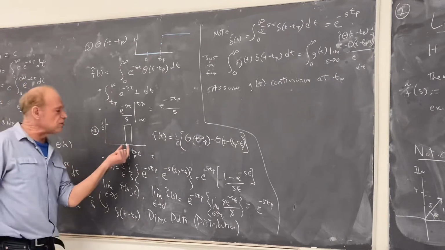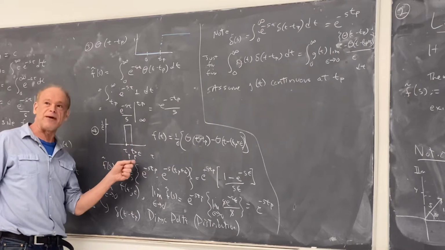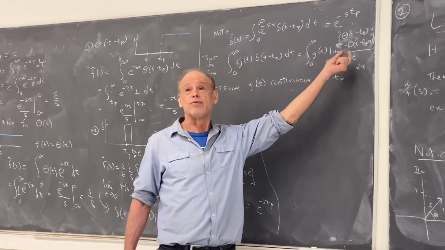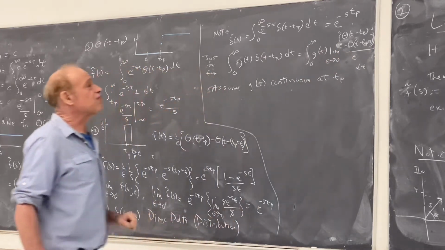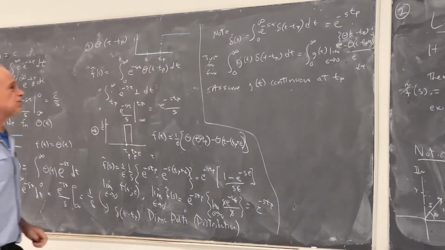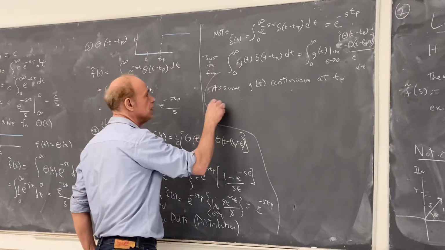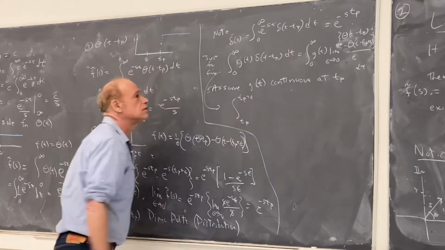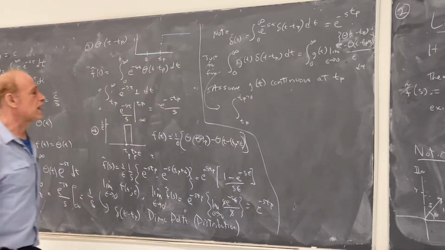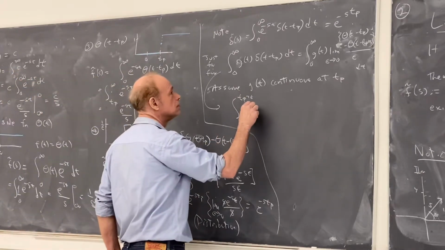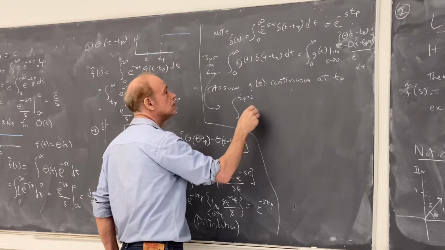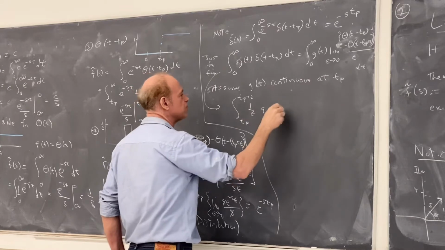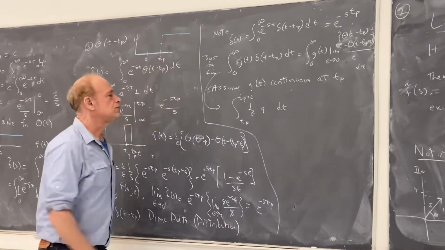So I'm only considering the value of the function between tp and tp plus epsilon, because that's the only place where this thing is non-zero. So this quantity is the integral from tp to tp plus epsilon. That's all that's left. And I have a 1 over epsilon, g of t dt.